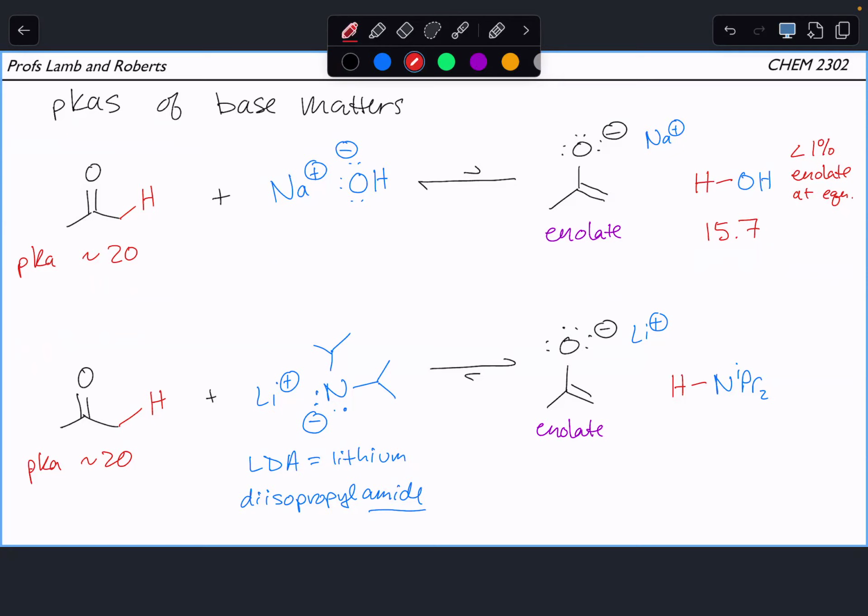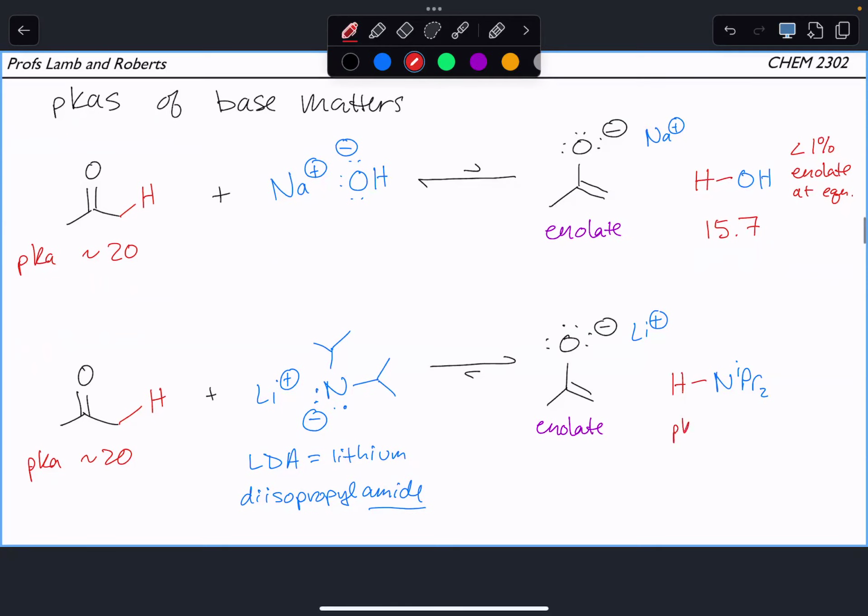And this diisopropyl amine has a pKa of about 40. So that's a higher number, right? Amines are not acidic, they are basic. So it really, really, really doesn't want to get rid of that proton. So essentially, we have 100% enolate formation.